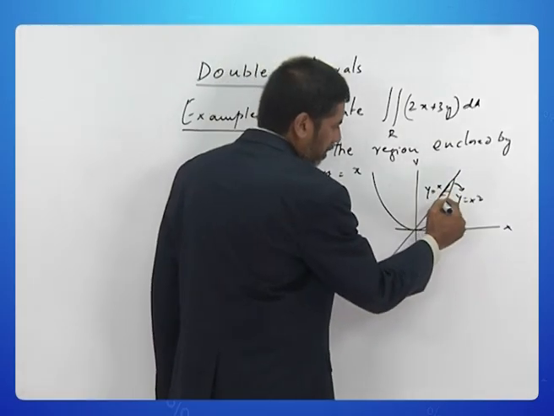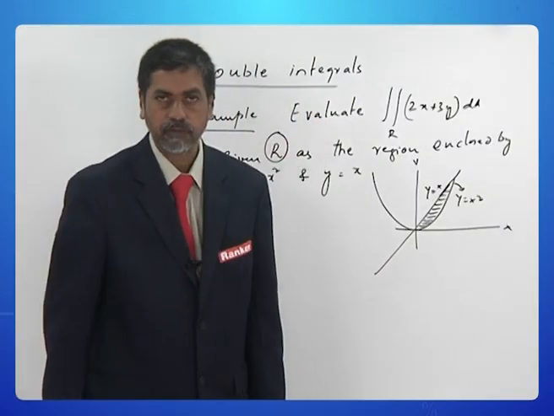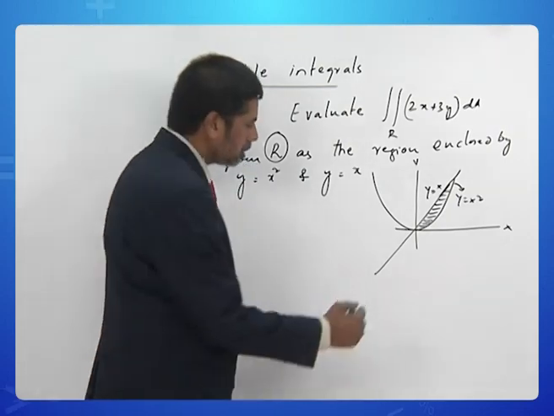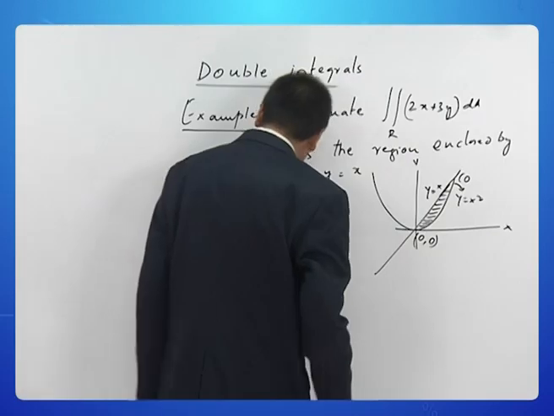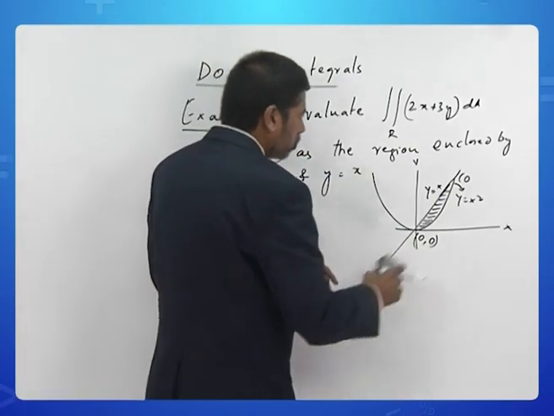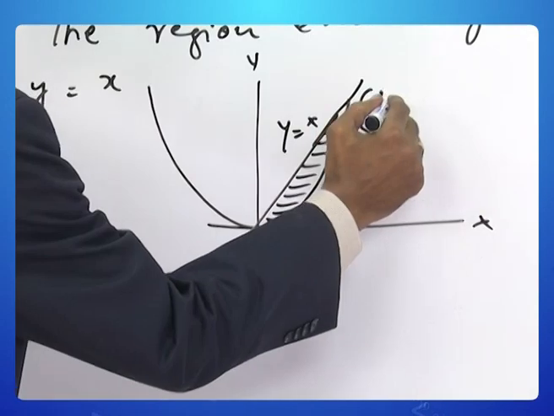So the region of integration is that shaded portion. So we can find the boundary points, both of them intersect at the origin and at 1, 1.